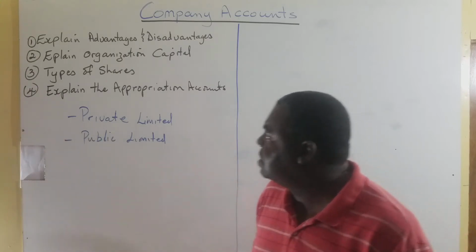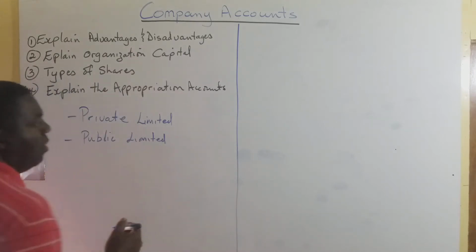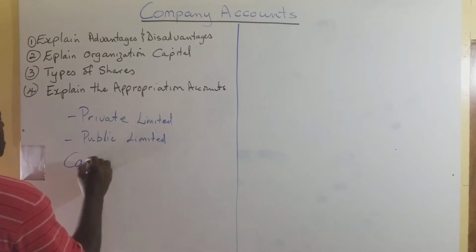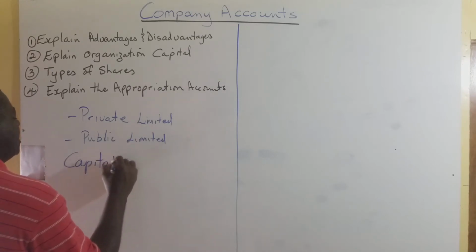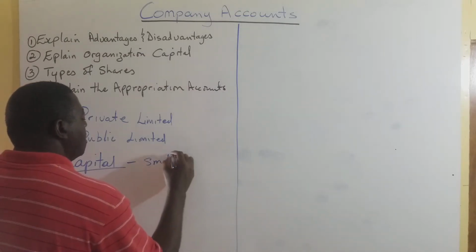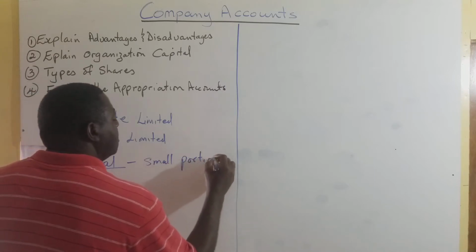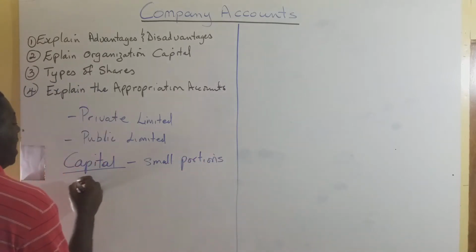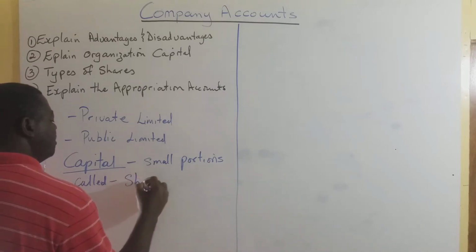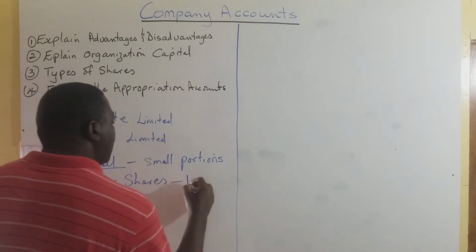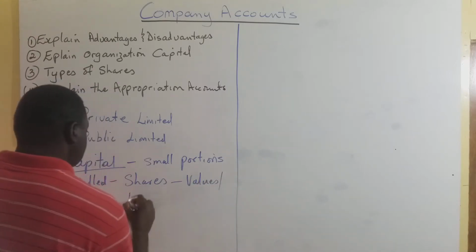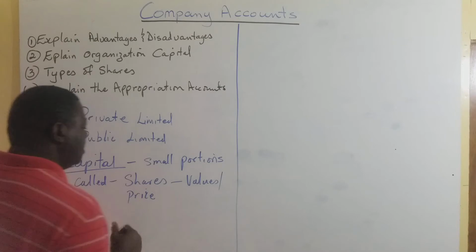I speak of shareholders because in a company, the company subdivides its capital into small portions, and these are called shares. These shares are valued, are given a value or a price. The shares are priced.